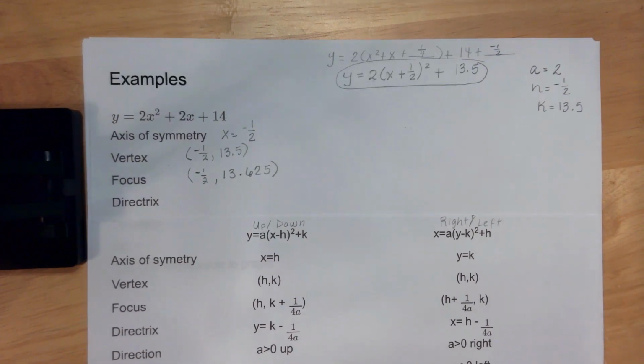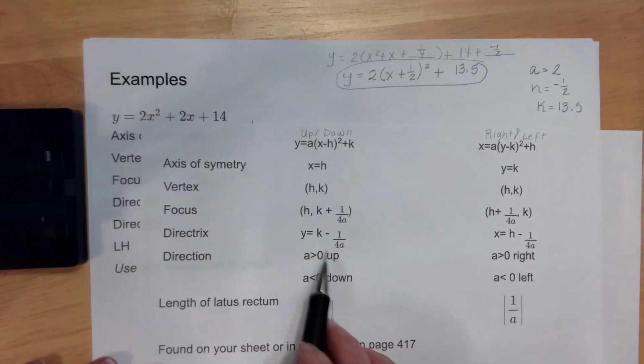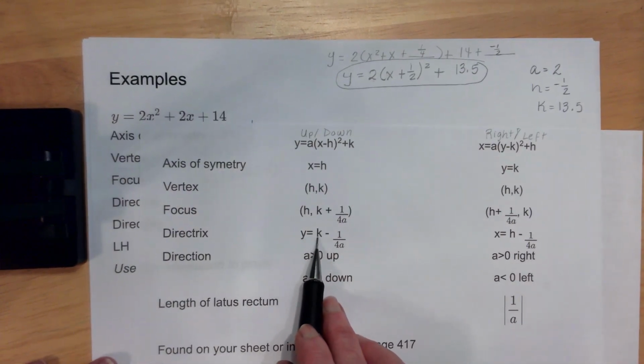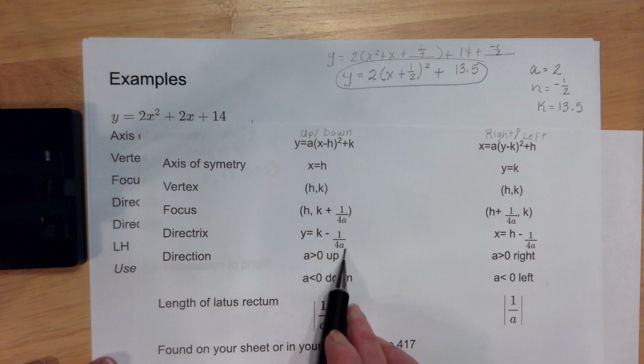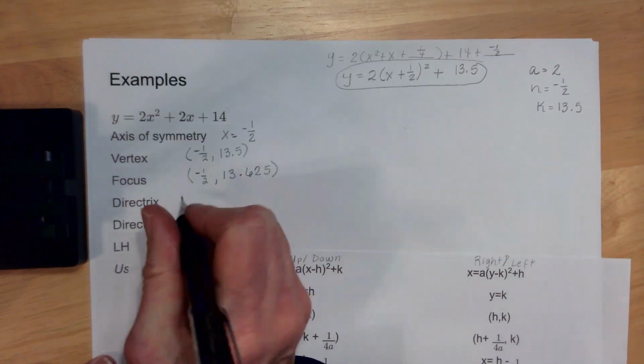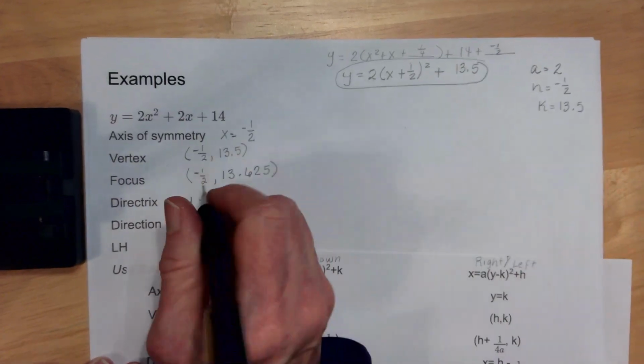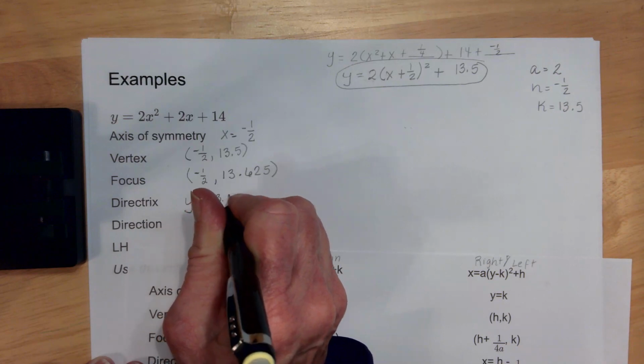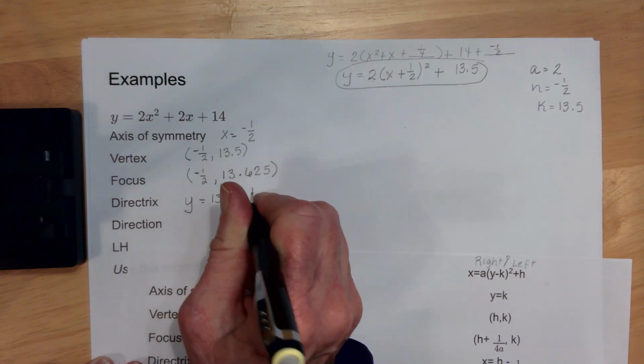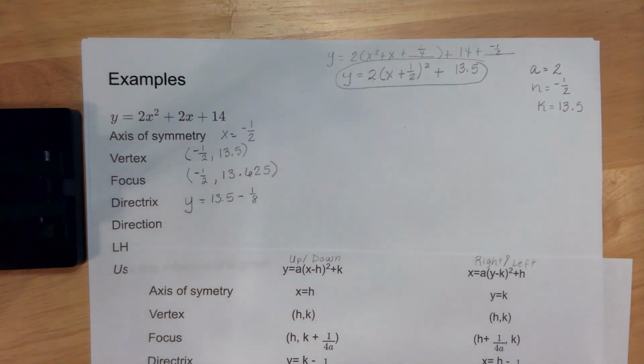My directrix, if you look at this sheet, it's y equals k minus, and this again would be 1/8 because it's 4 times 2. So y equals, my k value is 13.5, so 13.5 minus 1/8.